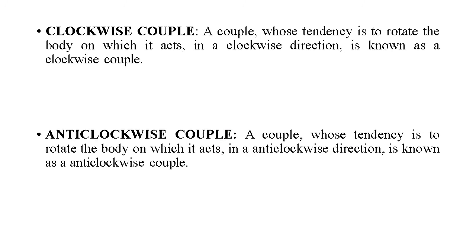Clockwise couple: a couple whose tendency is to rotate the body on which it acts in a clockwise direction is known as a clockwise couple. Here both P forces are acting like a couple, and you see the rotation is clockwise, see the arrow marks.